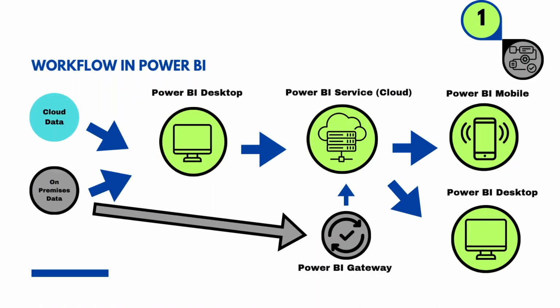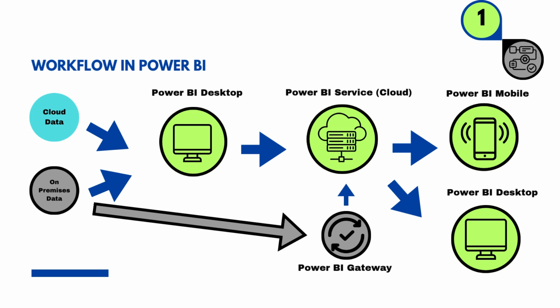Power BI works with two types of data sources: cloud-based data and on-premises data. First, we bring data into Power BI desktop, where we clean, transform, and model the data, create relationships, add calculations, and design interactive visuals. Once the report is ready, we publish it to the Power BI service to share with others.